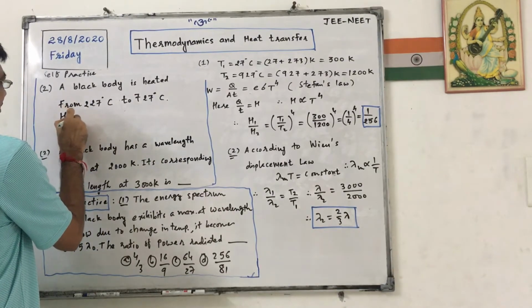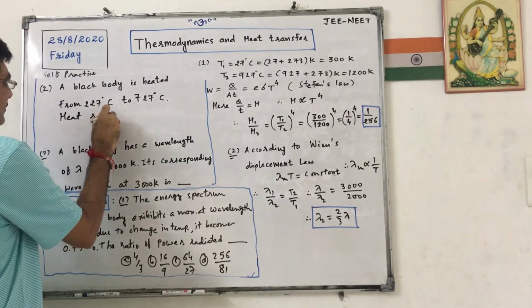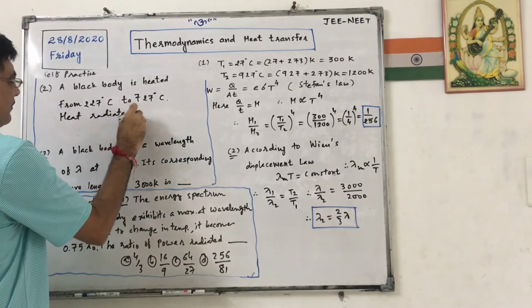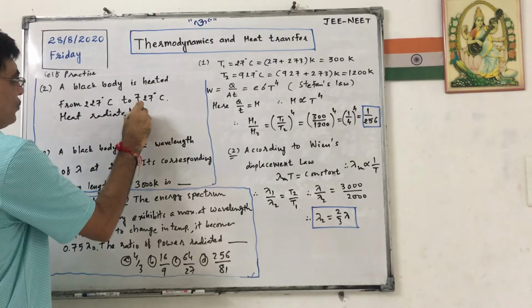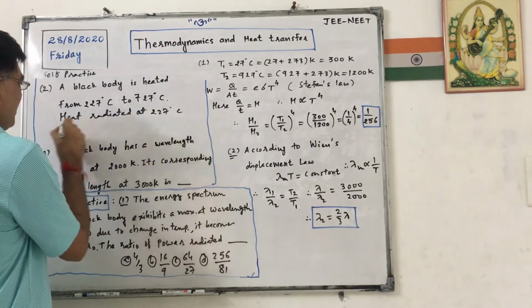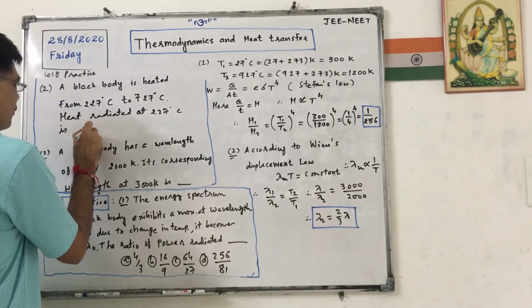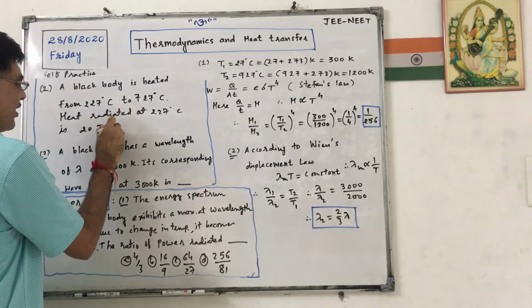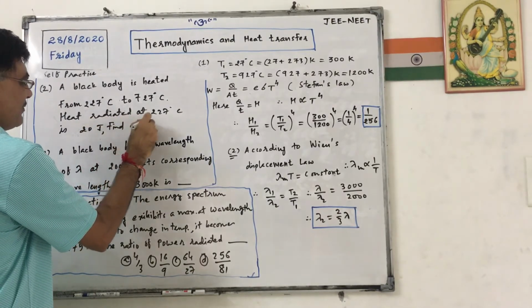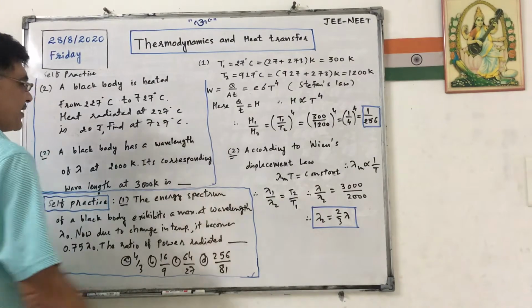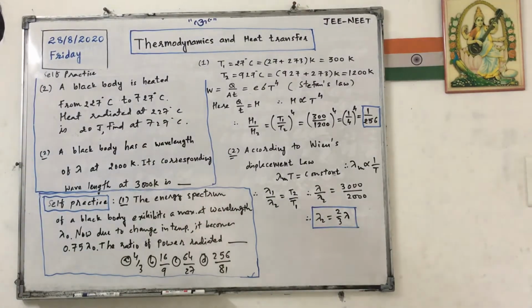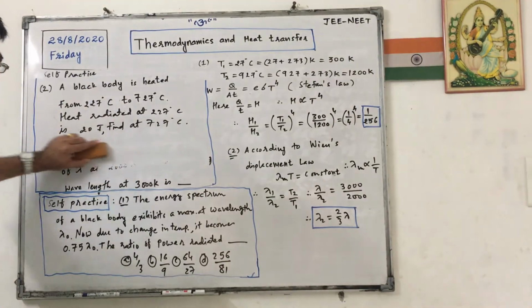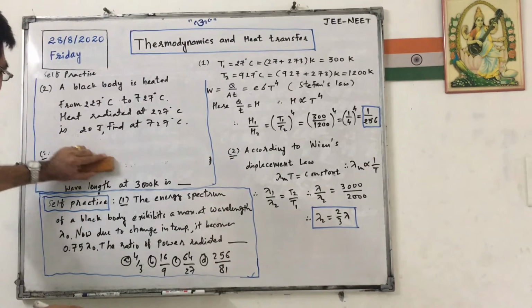Heat radiated at 27 degrees Celsius is 20 joule. Find the heat radiated at 727 degrees Celsius. And the third one, write answers in the comment box without fail.